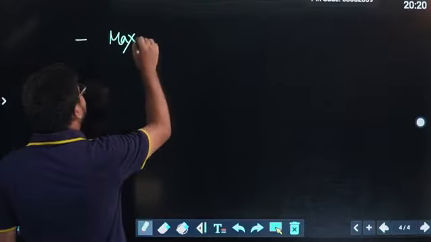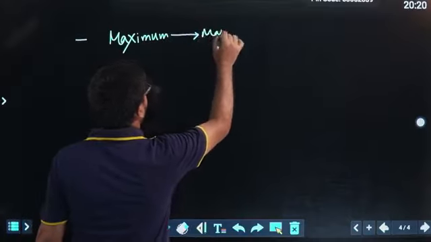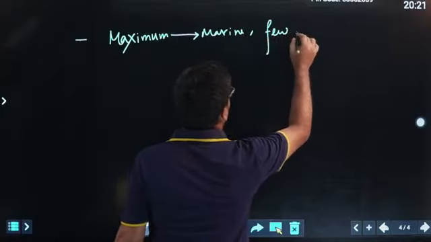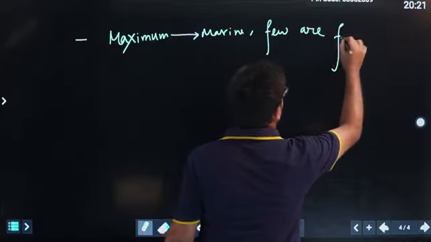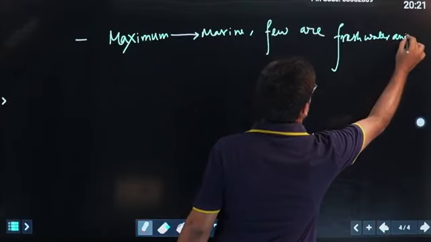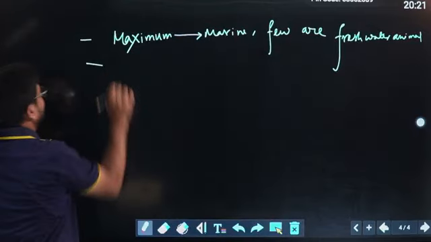So maximum are marine, few are freshwater animals. Another important thing is that it is diploblastic.